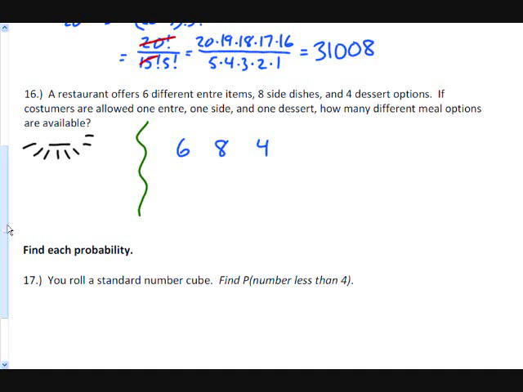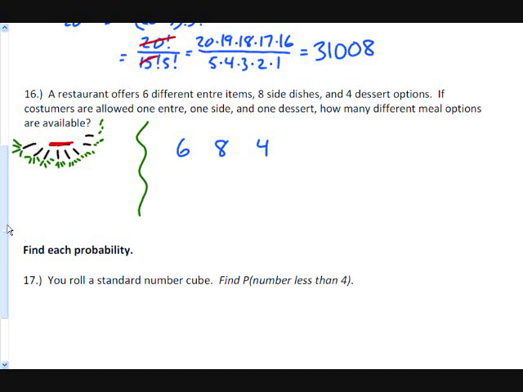That would be my 1 entree, and then my 8 dishes, and then my 4 different dessert items off of each one. And I'd have to do this for every single one of the entrees. Okay, and this becomes really tedious. And it would be crazy to do it that way.